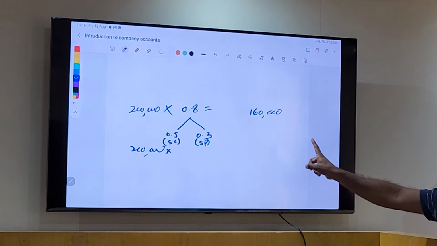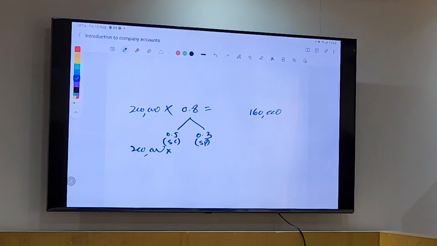This cash, how much will it come? They gave you 0.5, the question was that. This is share capital. So 0.5 share capital is 100,000. Then 200,000 into 0.3, that is 60,000.